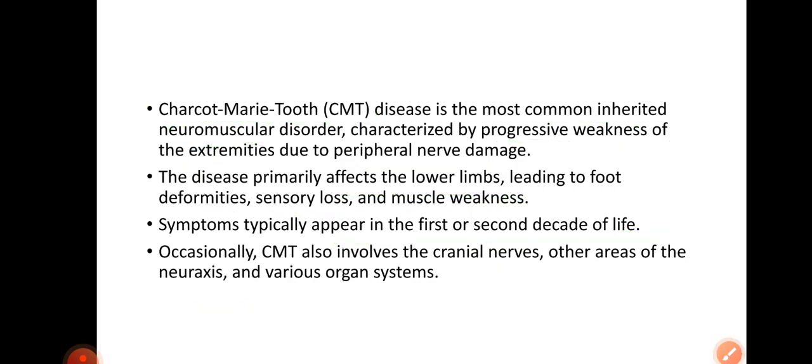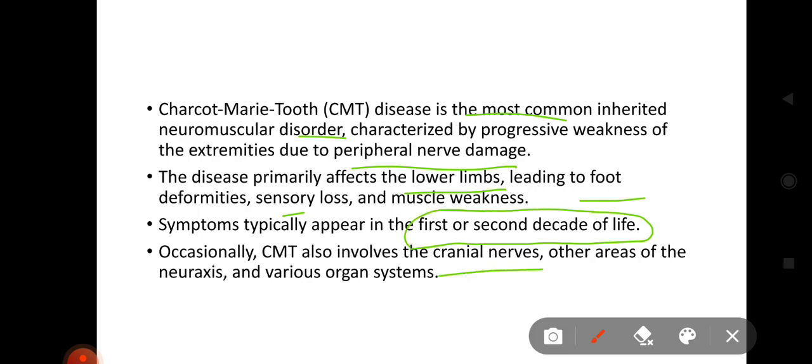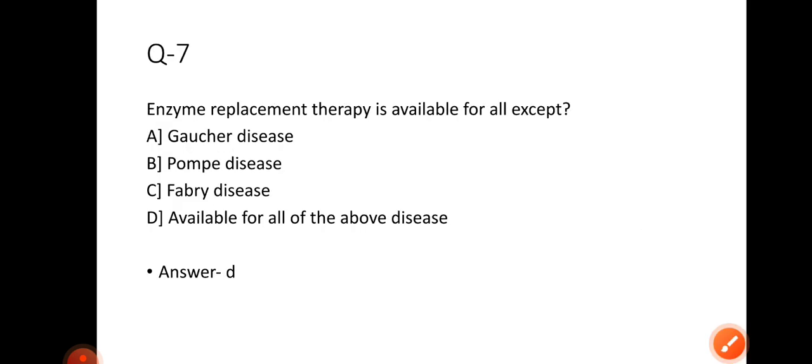So points to remember: most common inherited peripheral neuropathy, predominantly affecting the peripheral nerves of the lower limb, leading to foot deformities, sensory loss and muscle weakness, with symptoms appearing around the first or second decade, and occasional involvement of cranial nerves and other organ systems.